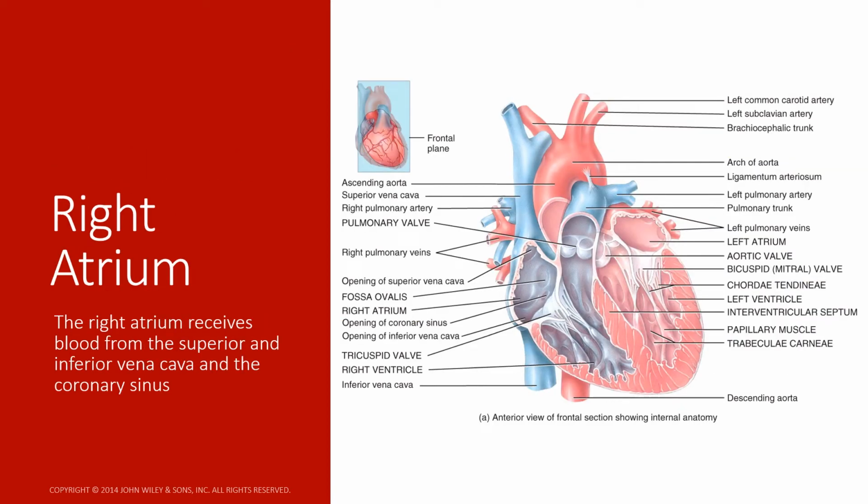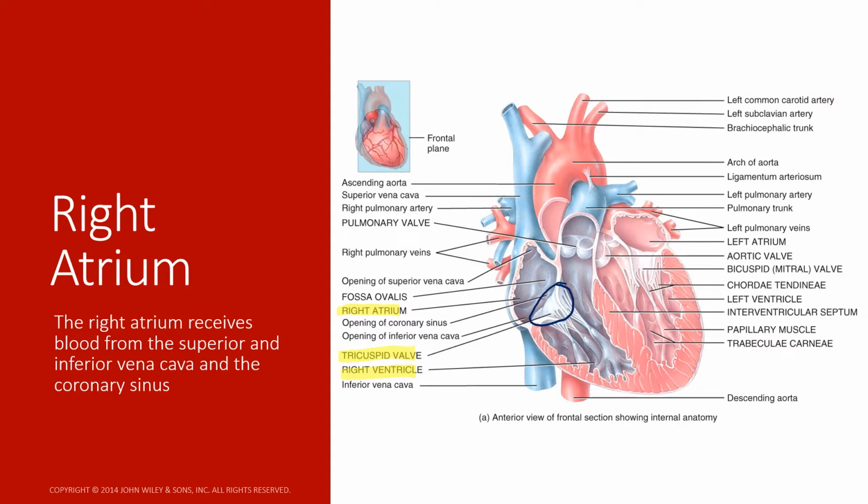So blood passes from the right atrium, which is going to be right here, into the right ventricle, right here, through a valve that's called the tricuspid valve. So that valve is going to be right here, and it's called tricuspid because it's made up of 3 cusps, or 3 leaflets that make this valve.